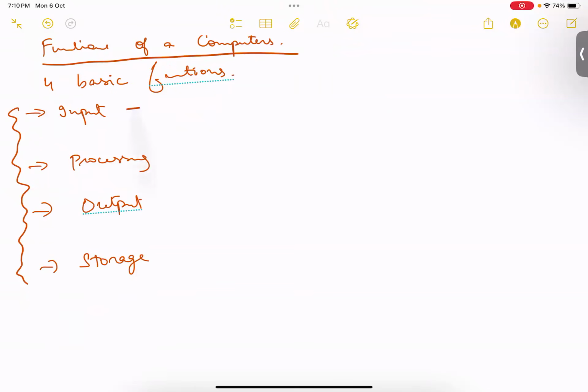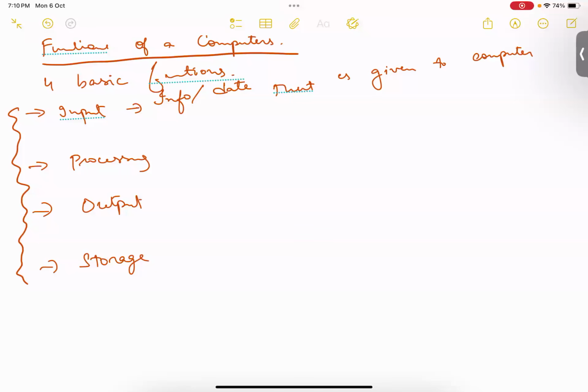Now, when we say input, it simply means the information or the data that is given to the computer. In order to access the computer, we always give some data, or some information, or a set of instructions to the computer.